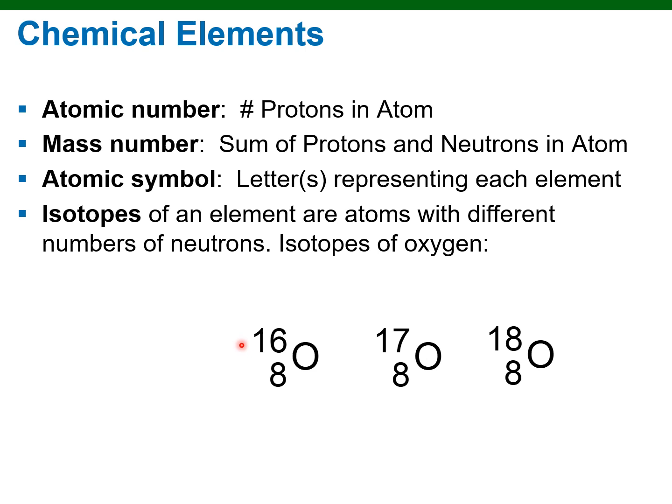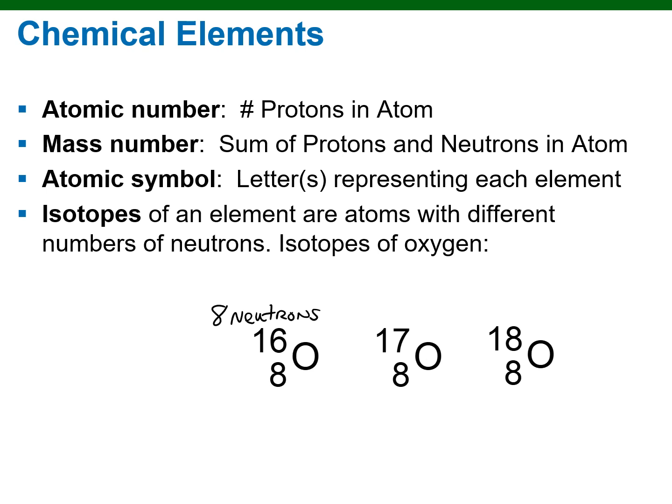And so what we see here for oxygen 16 is that if there are 8 protons, then there must be 8 neutrons that make up its total mass number. So here we can write that down, that oxygen 16 has 8 neutrons. And then a different isotope of oxygen that differs by 1 more neutron would be oxygen 17.